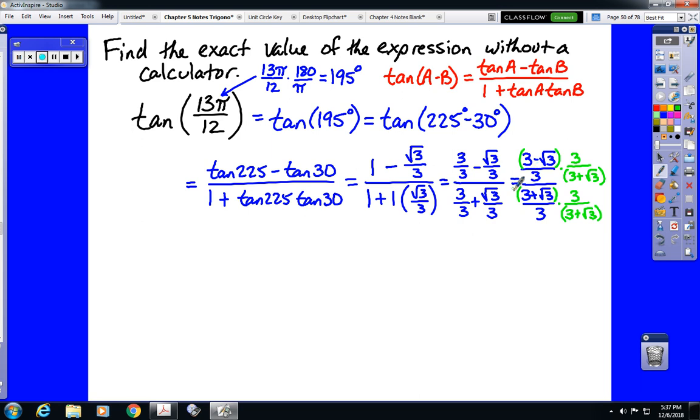The reason we do this is that causes the entire denominator to cancel, as well as these 3's, and changes our expression into 3 minus root 3 over 3 plus root 3. Remember, you can't cancel here. You're not allowed to. There are parentheses around that. So instead, we now have to conjugate. We have to multiply by the conjugate, which would be 3 minus the square root of 3.